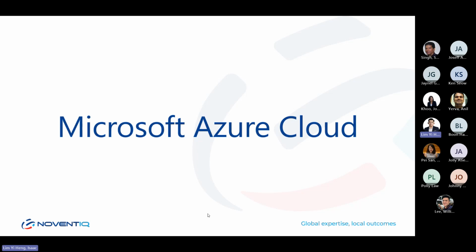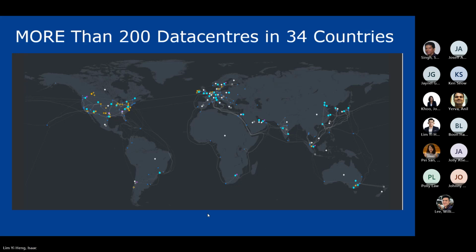So I'll give you guys 5 seconds to key in your answer in the chat. And with a count of 5, 1, 2, 3, 4, 5. And on the next slide, this will be the answer. There are actually more than 200 data centers that are available in 34 countries.